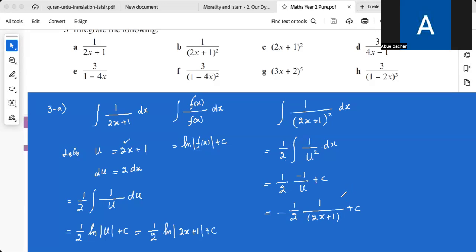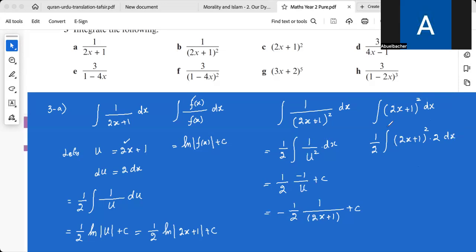Now here you can also think in another way. For example, we have this integral that we can write as 1 over 2x plus 1 squared dx. Now if I divide it by 2 and multiply it by 2, then you can say it is 1 over 2x plus 1 squared times 2 dx.